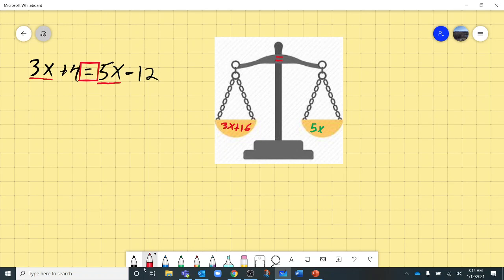So we're going to take out 3x. If we take 3x out of this side, we also have to take 3x out of this side, right? The way we show this in math is we use subtraction. Subtraction is for taking out, plus is for putting in. So we're going to subtract 3x from both sides.